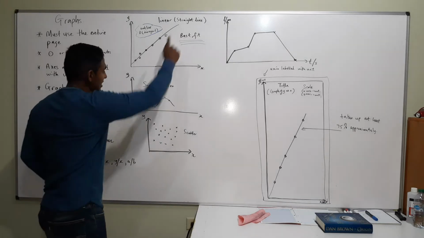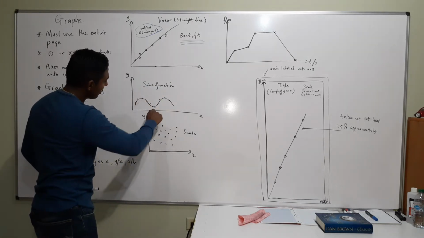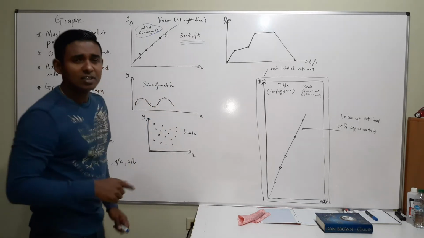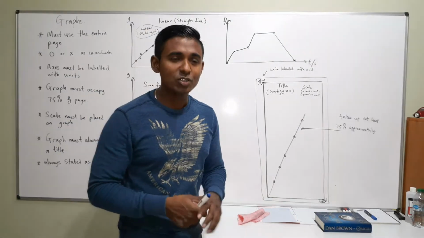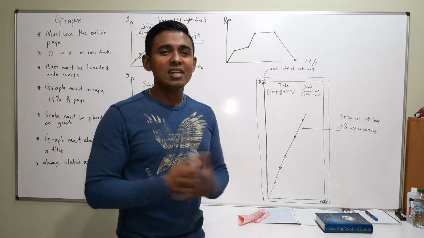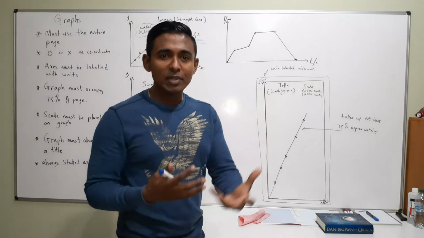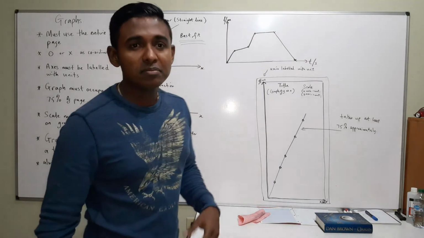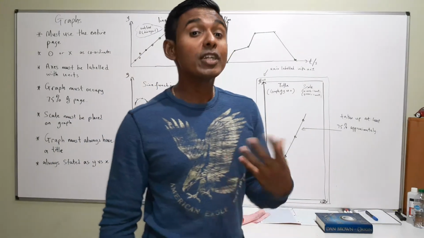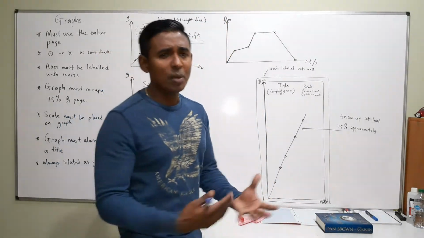They're not linear like this, but they seem to fit what we call a sine function. I know you would have only just begun maths, so the sine wave is not very familiar to you, but this is an actual trigonometric function that you will come across.